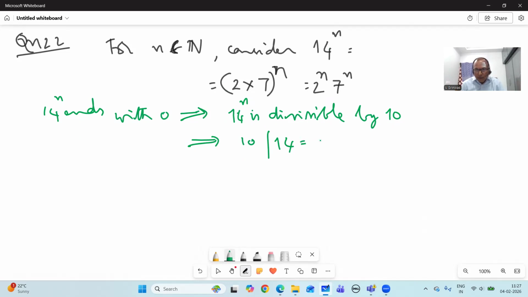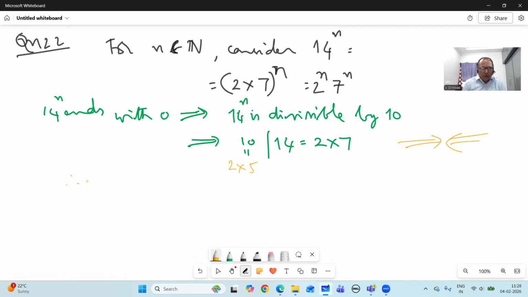But what is 14? It is 2 into 7. And 10 is 2 into 5. The prime factorization of 14 is 2 into 7, but 5 is not present in this prime factorization of 14. So this is absurd. The 5 is present in the divisor, but not in the dividend. So this is impossible.